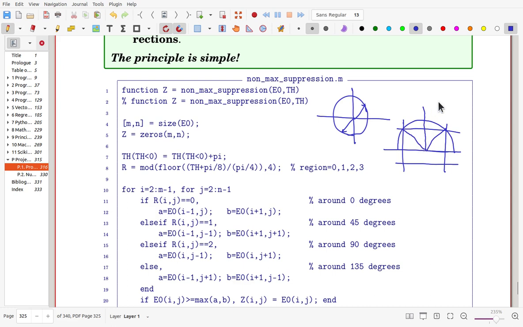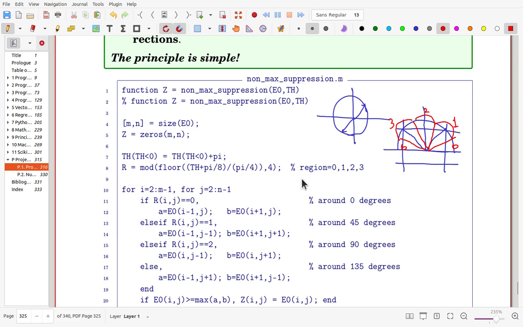Taking the middle of each one, at pi over 8, this area will be assigned 0, and this portion will be 1, this angle range will be 2, and this angle range will be 3.